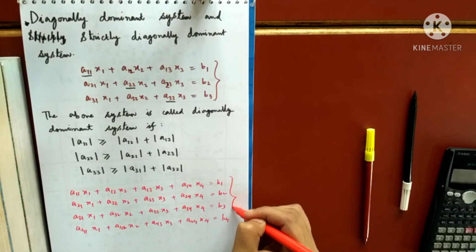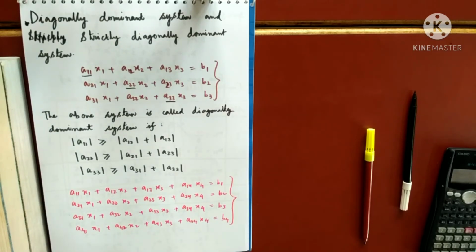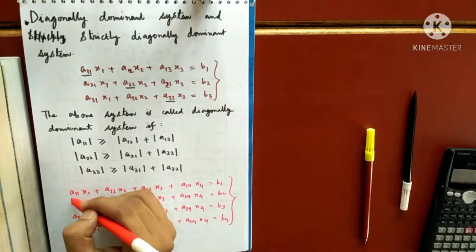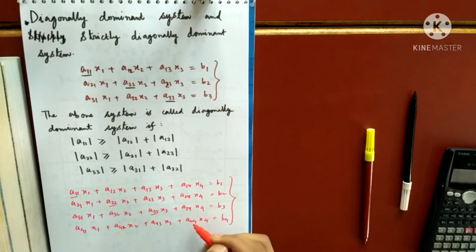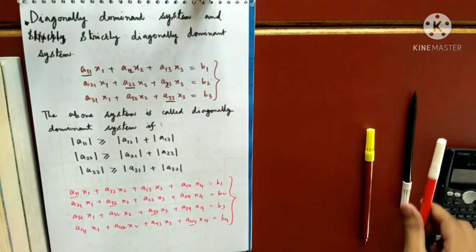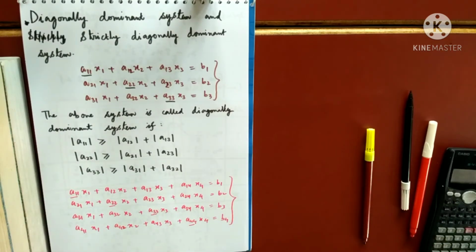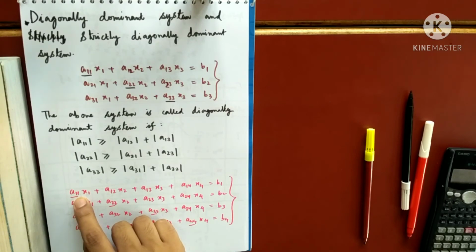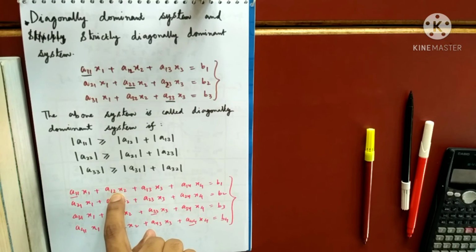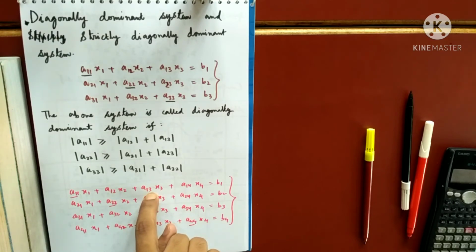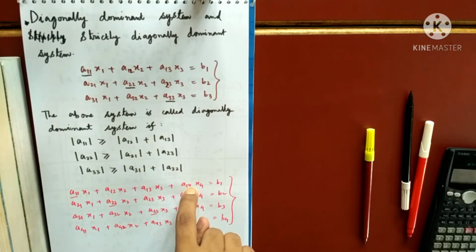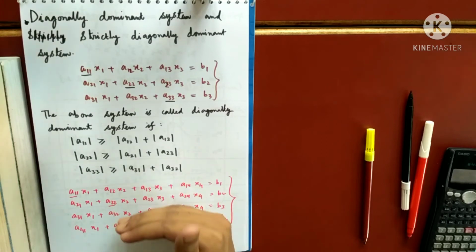So when will I call this system a diagonally dominant system? Look at the diagonal element, this. When modulus of A11 is greater or equal to modulus of A12 plus modulus of A13 plus modulus of A14. And not only that, this will be true for every equation.